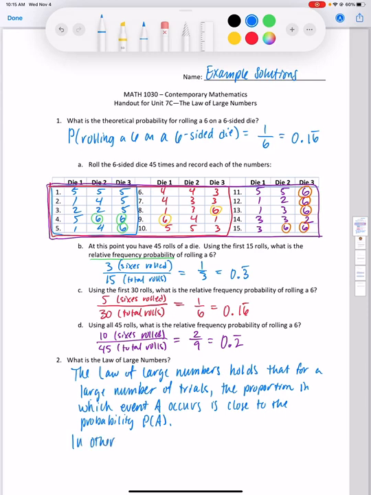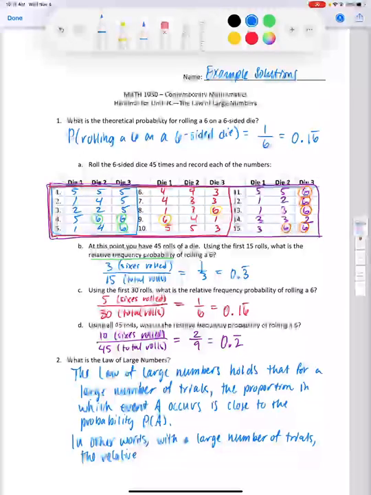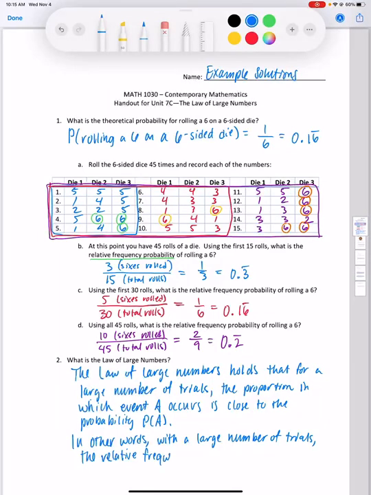In other words, with a large number of trials, the relative frequency probability approaches the theoretical probability.